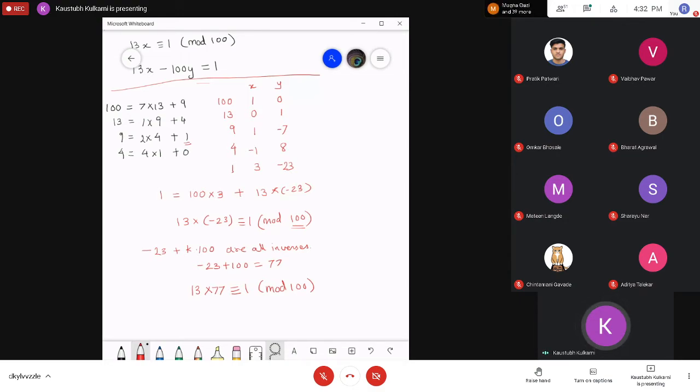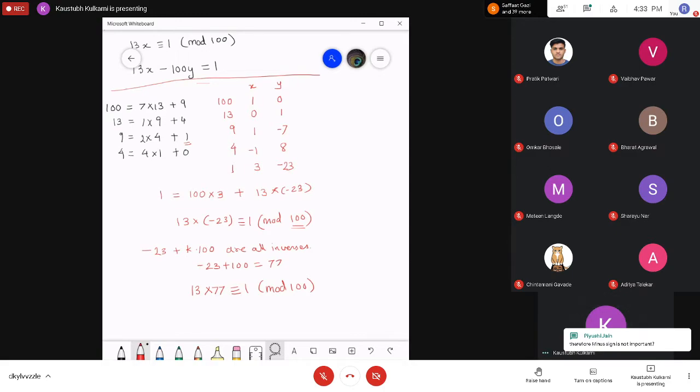The idea is that the GCD of 13 and 100 is 1. The GCD can be expressed as a linear combination of the two numbers, 13 and 100. Then they are just numbers. You write it in any order.